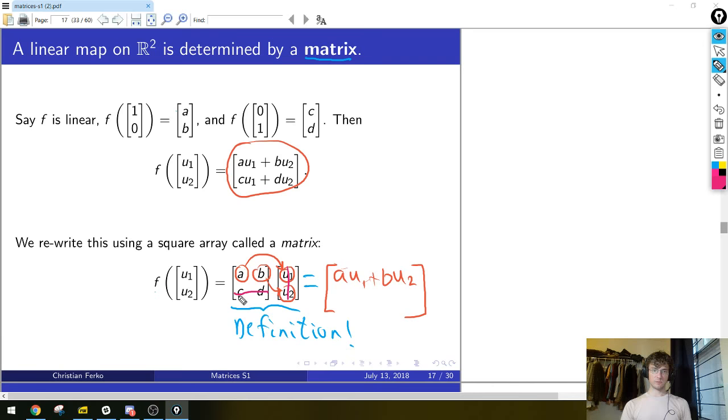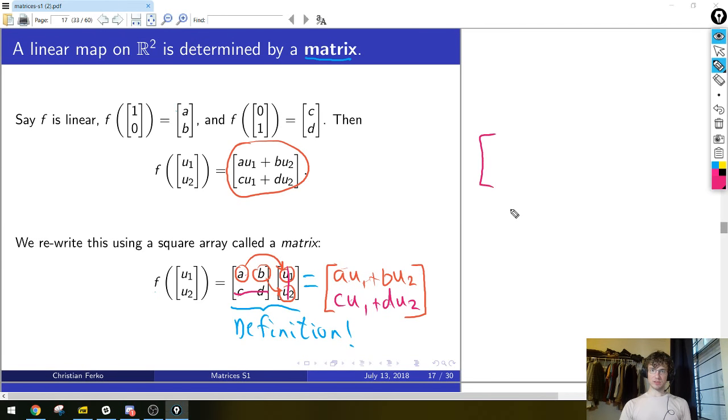So the first element on this horizontal line is c. The first element on this vertical line is u1. So c u1. Now the second element, d, paired with the second element, u2, plus d u2. So what you do again is take a horizontal line and a vertical line, and then multiply the numbers which come paired, and then add the two pairs. a u1 plus b u2, c u1 plus d u2, that gives you the output of the function.